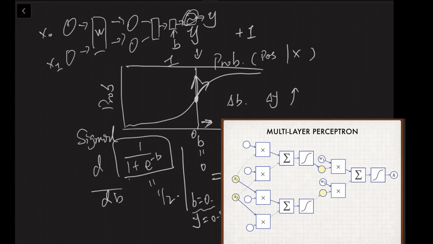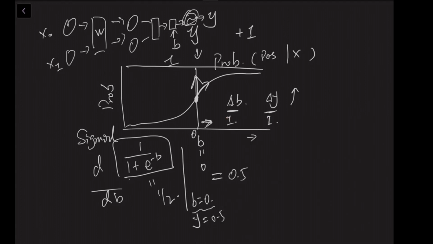That means if you change b by 1 unit, you will change y by 0.5 unit.